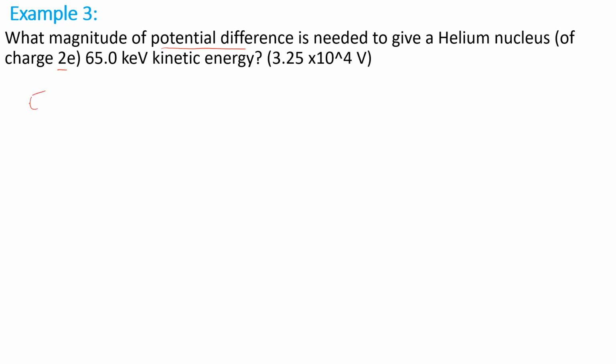So the electric potential energy is going to be equal to 1/2 mv squared, the kinetic energy that is going to be gained. And we have the kinetic energy as 65.0 kilo, so that's times 10 to the power 3 electron volts.